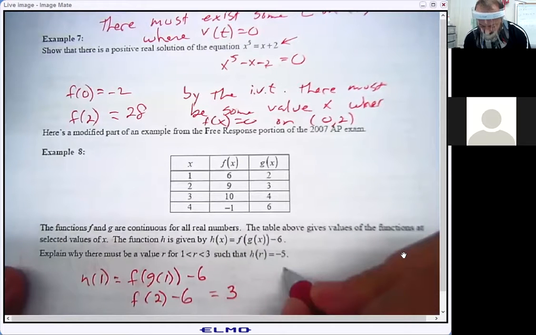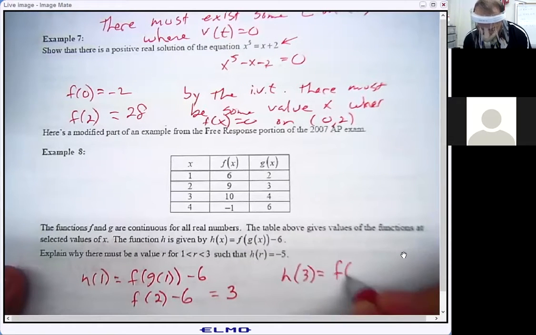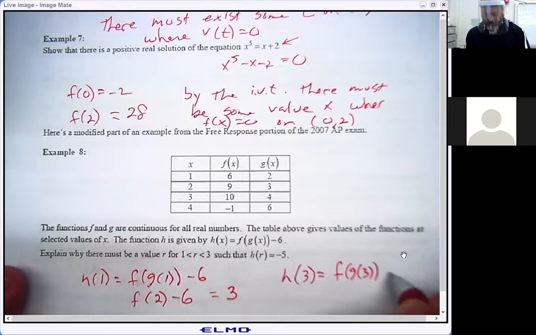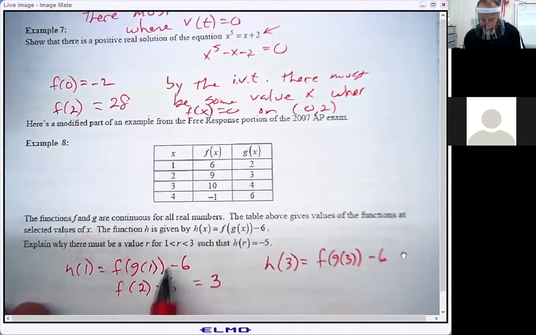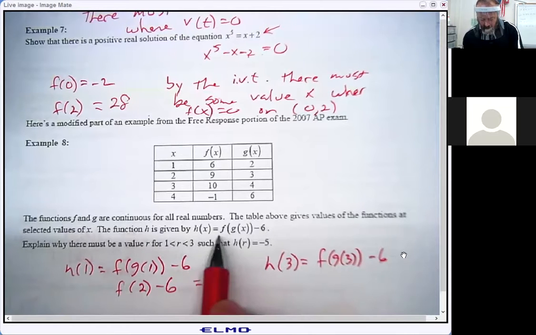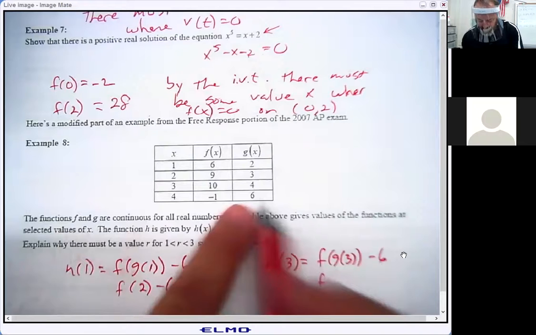So what about h of 3? Which is f of g of 3 minus 6. Okay, what happened there? Well, f of g of 3, so g of 3 was 4.